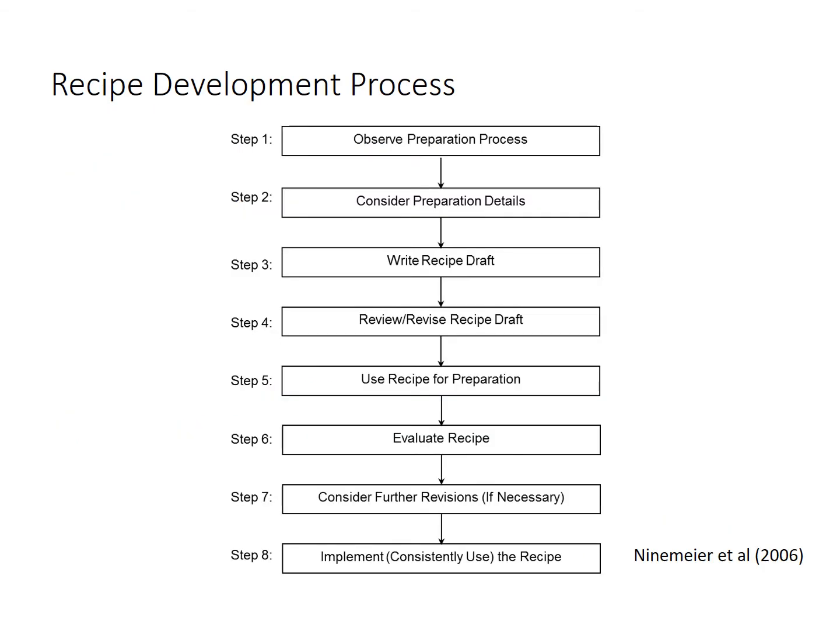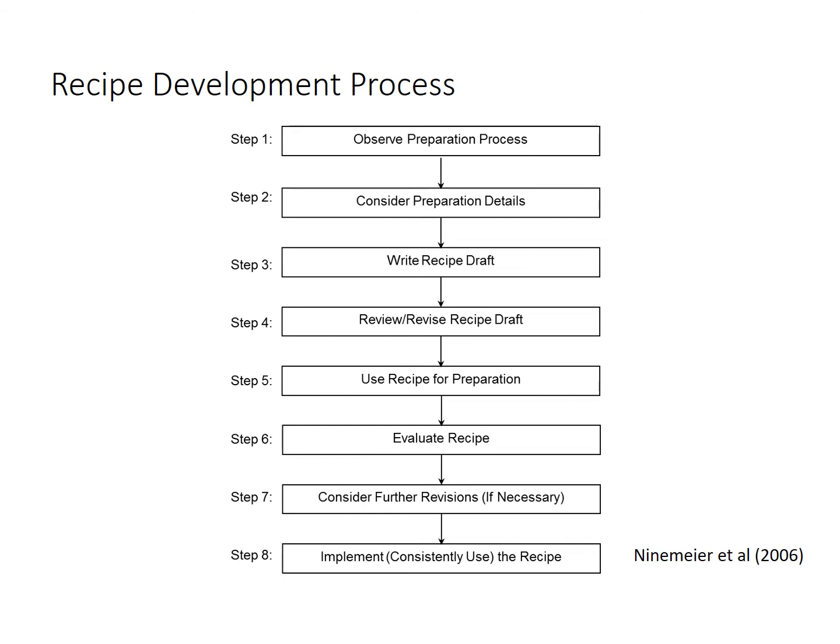The recipe development process should include: Step 1, observe the preparation process. Step 2, consider preparation details. Step 3, write a recipe draft. Step 4, review and revise the recipe draft. Step 5, use the recipe for preparation.